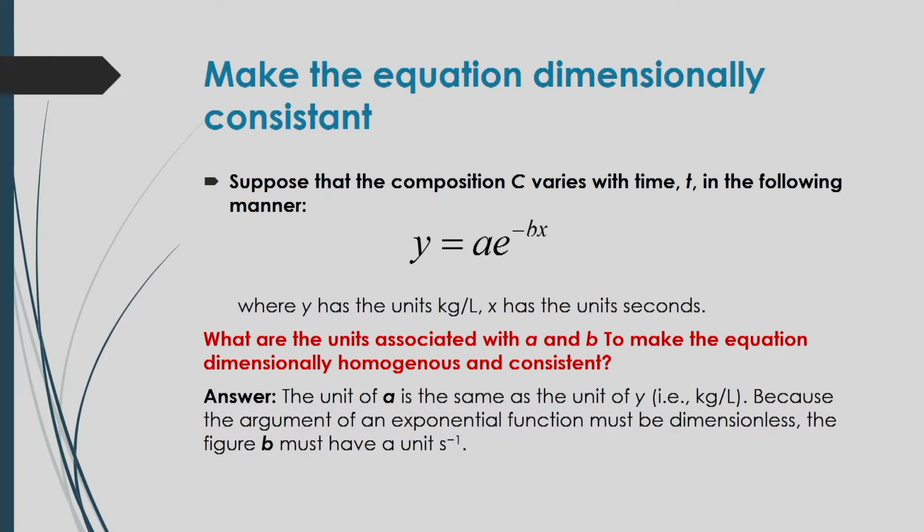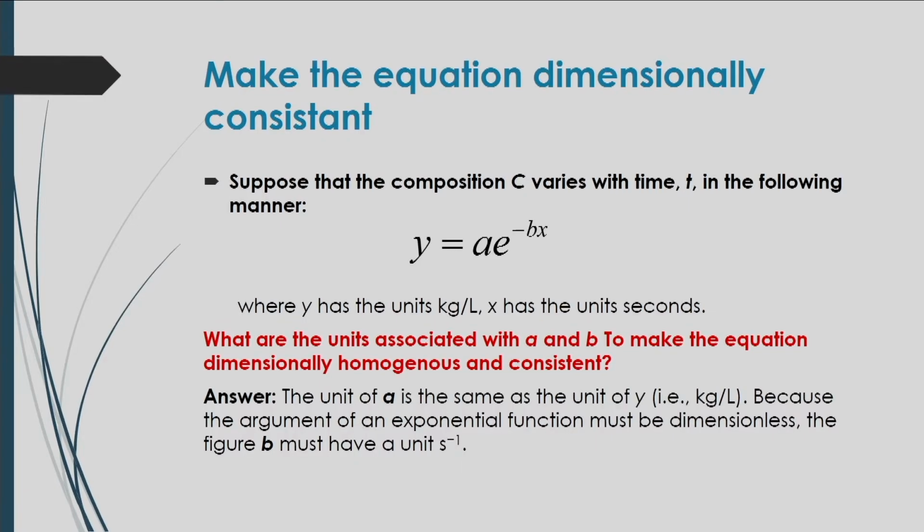If you express this concentration variation with time by the equation y is equal to a into e to the power minus b x, where y is concentration whose unit is kg per liter, whereas x denotes time, so its unit will be seconds.